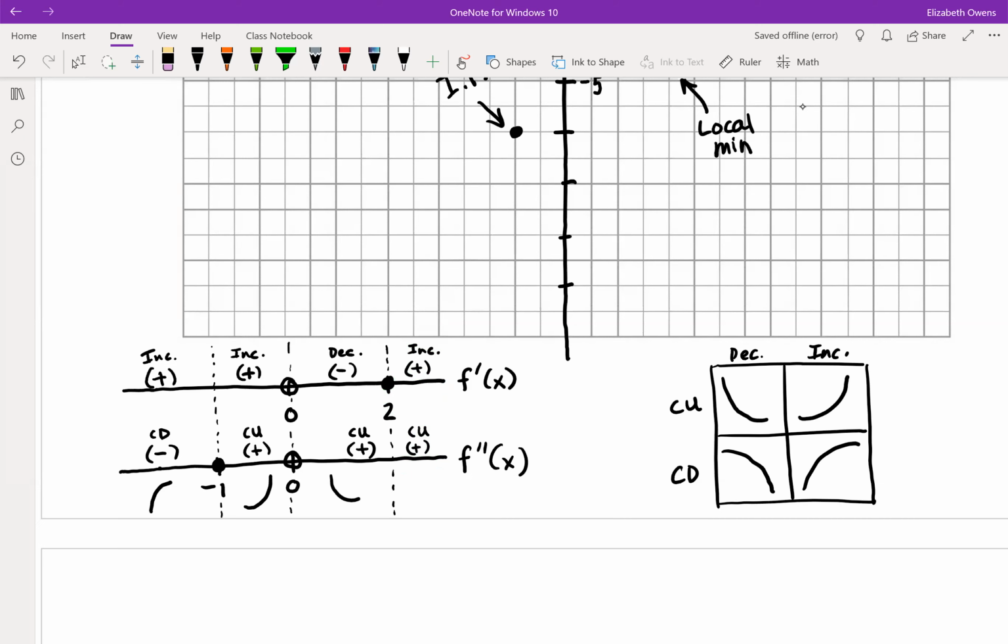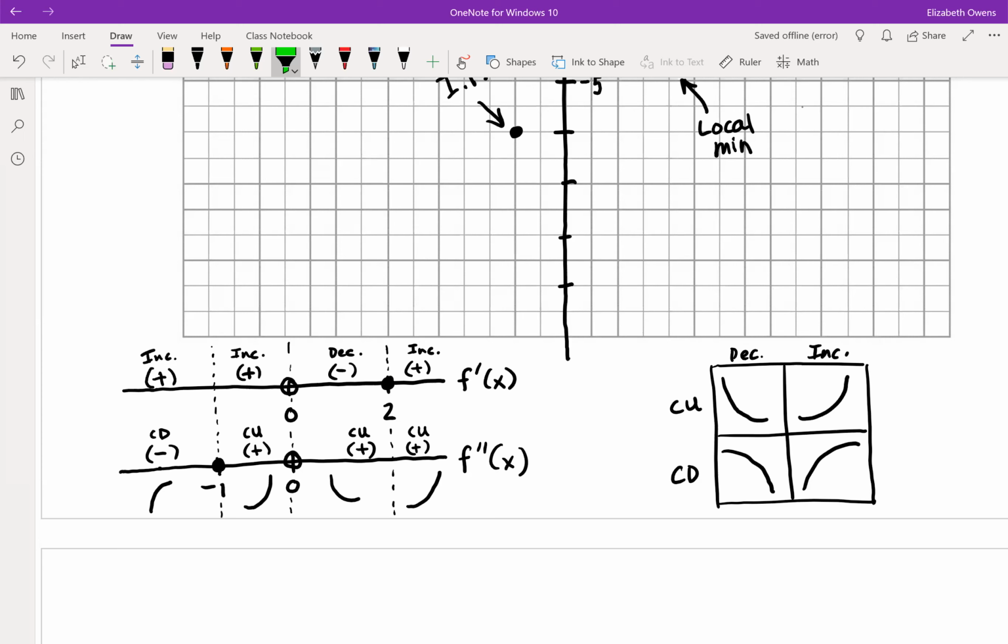So concave up, increasing, this type of shape. Oh, that's a repeat. We already saw that one, but you can use these shapes more than once. It's totally fine.